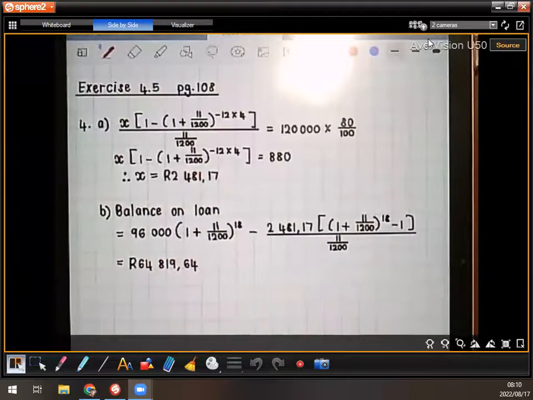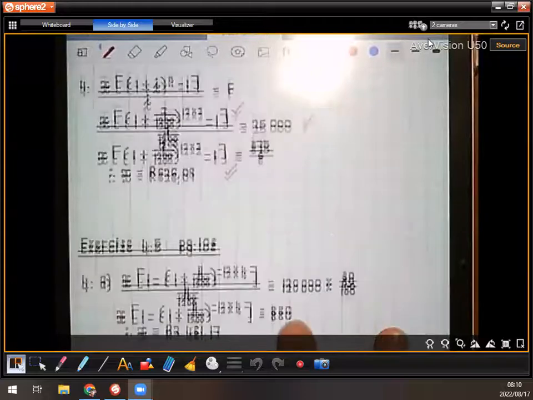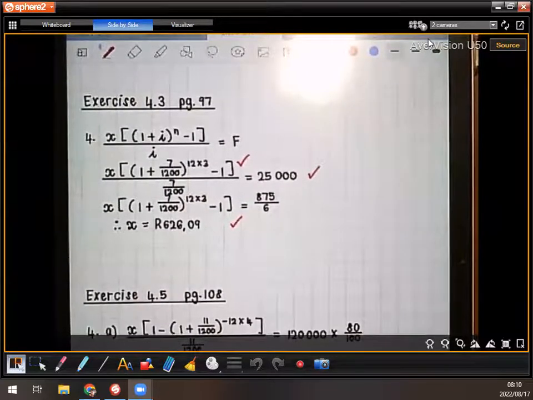So let's just concentrate on this one before we talk about the rest. Okay, 4.3 there. That was the answer from the last one. Okay, what did I do? Calculating the value of n.